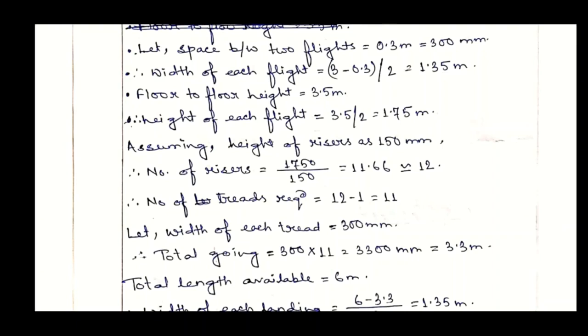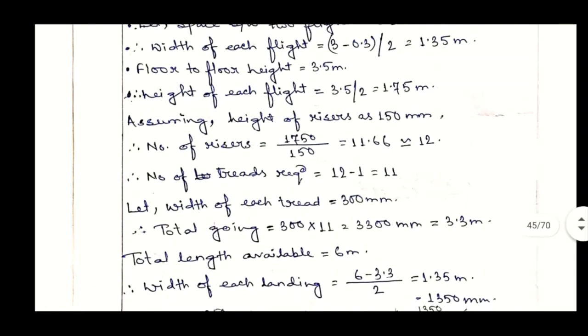Therefore total going is 300 multiplied by 11, that is equal to 3300 mm or 3.3 meter.